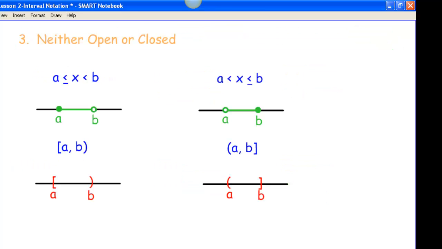If you have one of each, those are considered neither open nor closed intervals. So notice here how this is closed, this is open, so that translates into brackets, parentheses. Again, open, parentheses; closed dot, brackets.